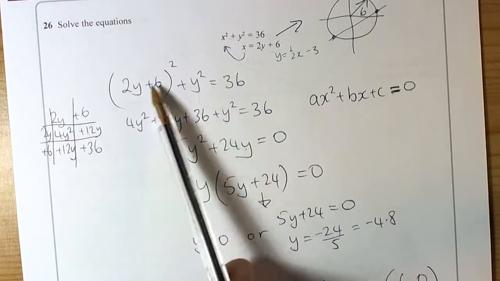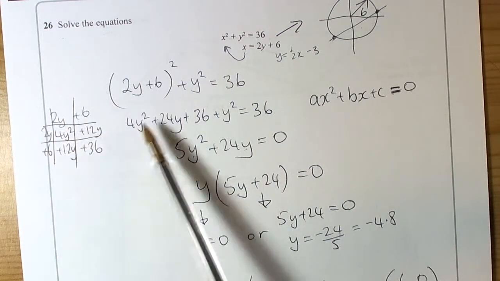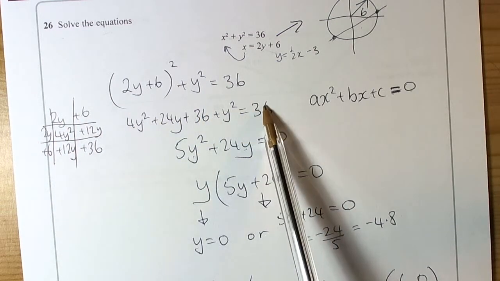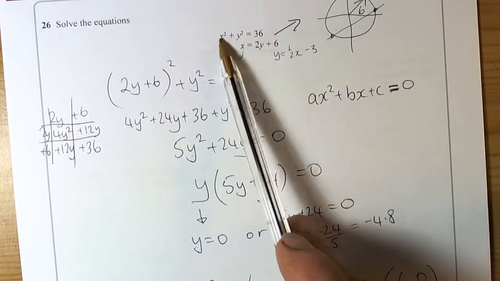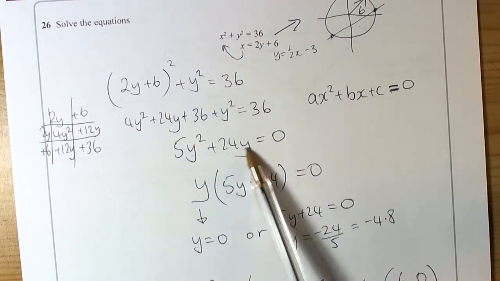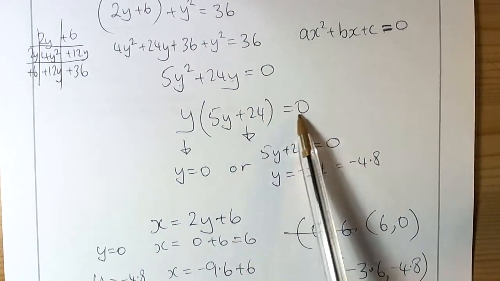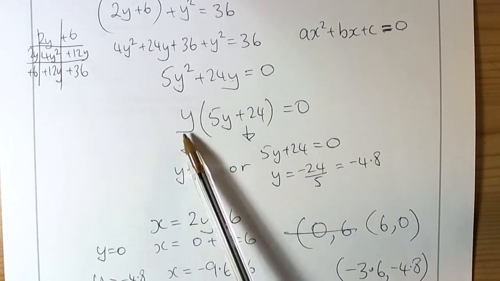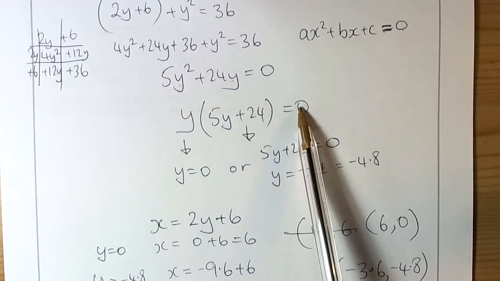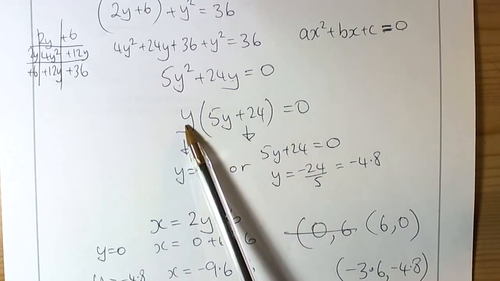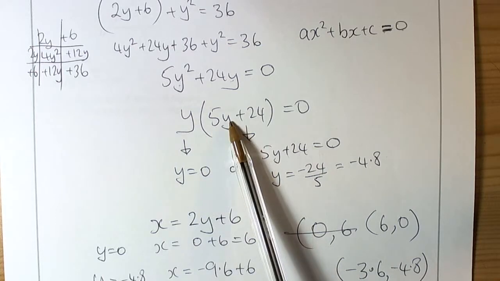So we replaced that, we've expanded the bracket properly, and then we put the terms together equal to the 36 that the squared term had. We then swap that about to get it equal to 0, and then we factorise to then find our solutions. And because we've got something times something gives us 0, that had to either be 0 or the bracket had to be 0.